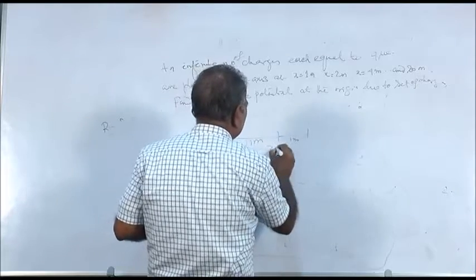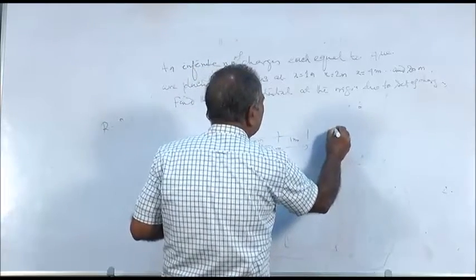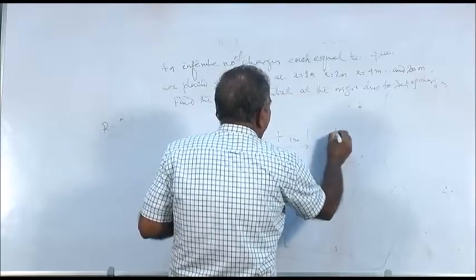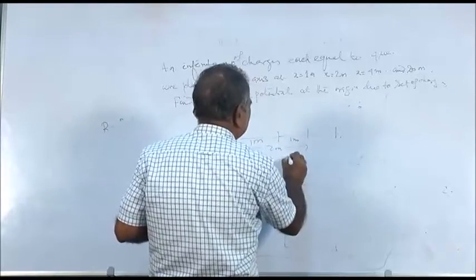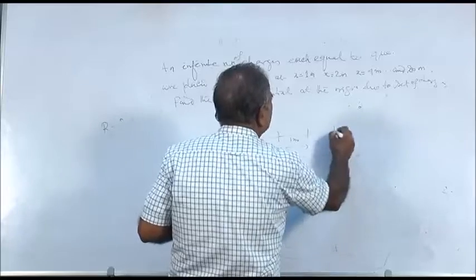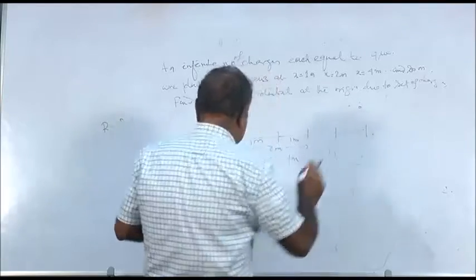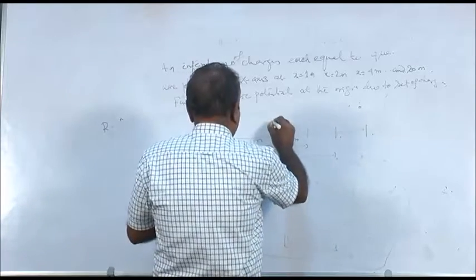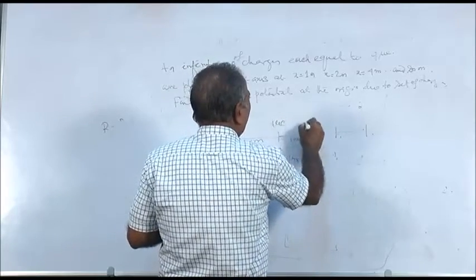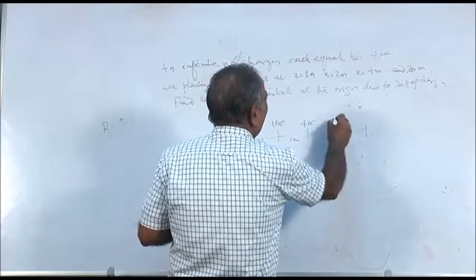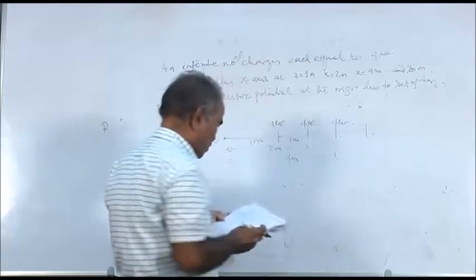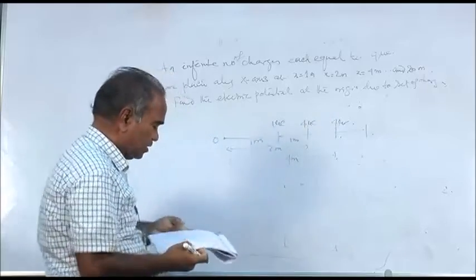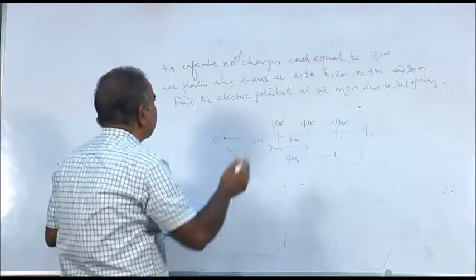Then at a distance of 4 meter, and similarly at 8 meters, like that. So everywhere there is 4 microcoulomb charge.